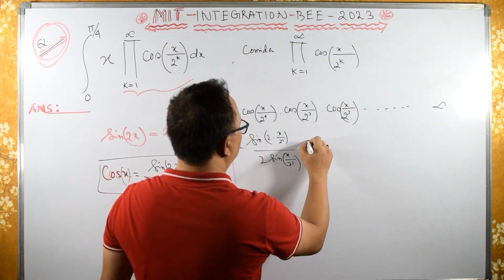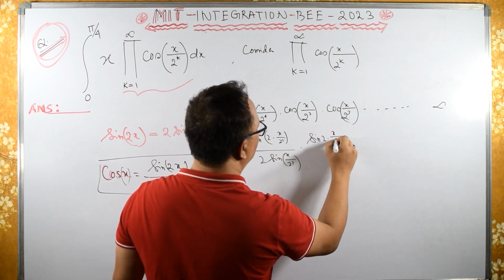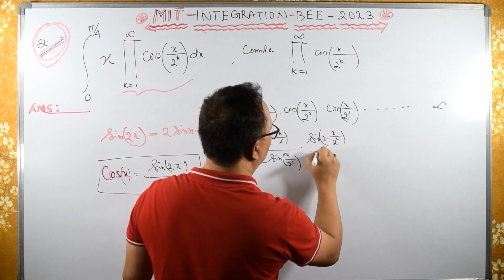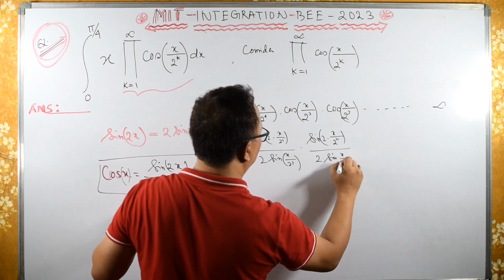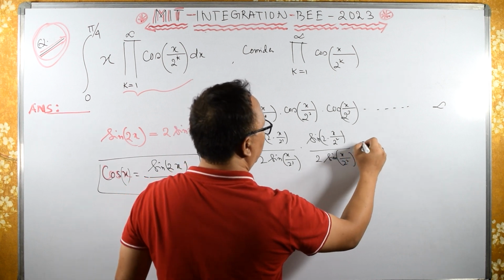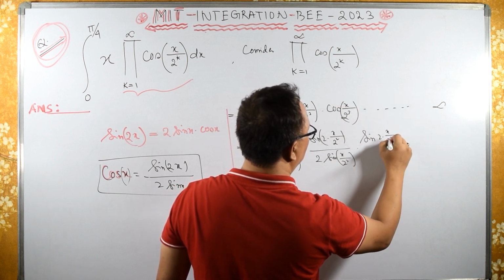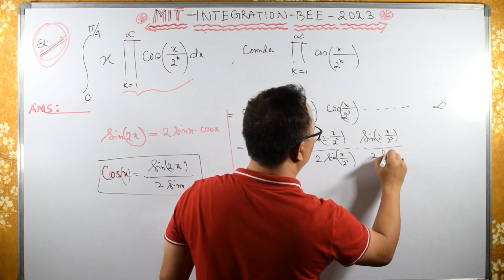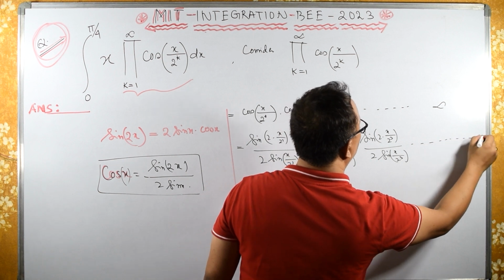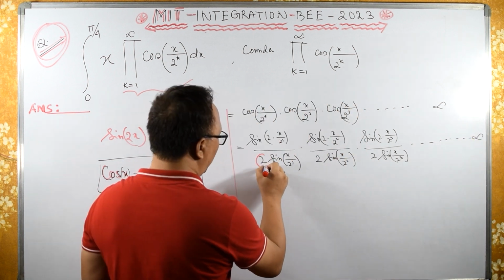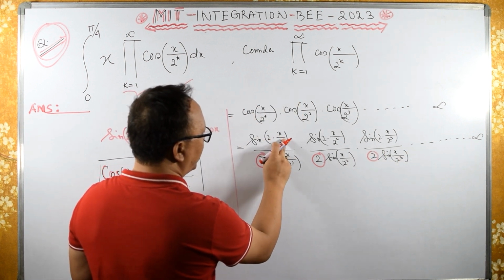Into here I will get sine of 2 into x upon 2 square, upon 2 into sine of x upon 2 square, into sine of 2 into x upon 2 cube, upon 2 sine of x upon 2 cube, and then it goes up to infinity. Let's keep aside all the 2s here. Now these 2 and these 2 get cancelled.